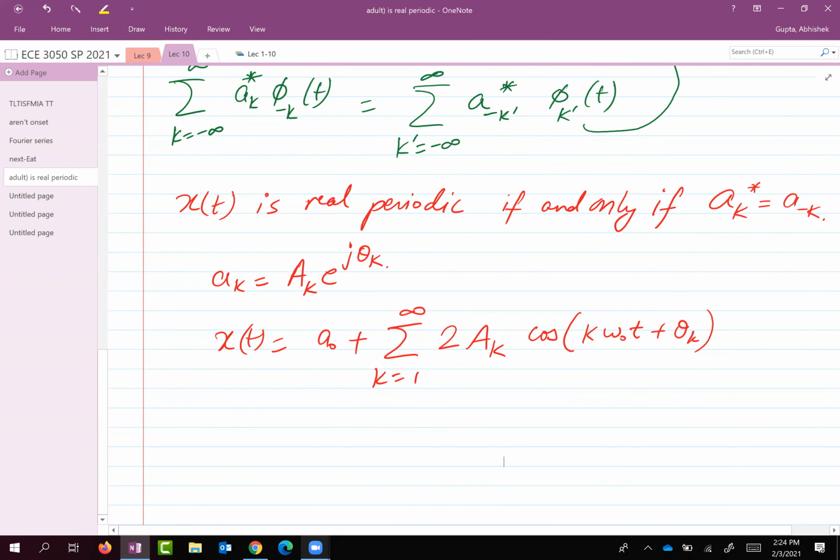So I can just write this as a summation of cosine functions. A real periodic signal can be written as a summation of cosine signals.